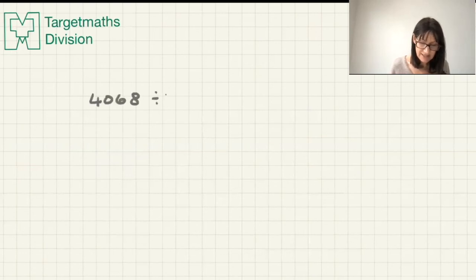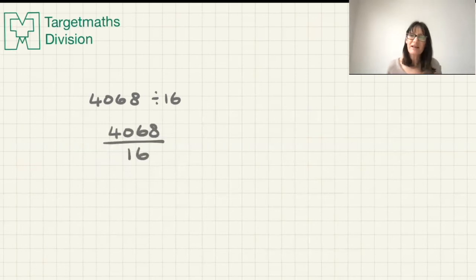If I had 4,068 and I divided that by 16, I could use my knowledge of fractions and rewrite this as the fraction that it is. And when I do that, it enables my brain to accept that I can cancel this fraction. They're both even. If they're both even, it means I can half them.